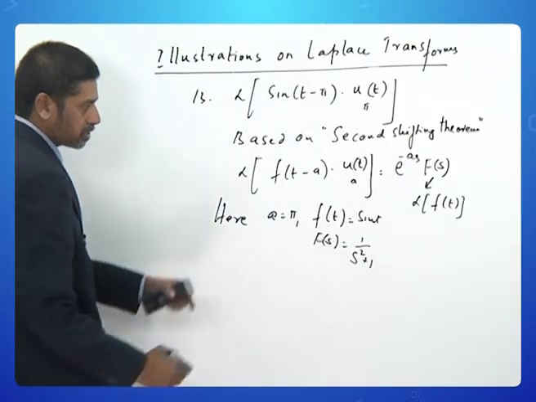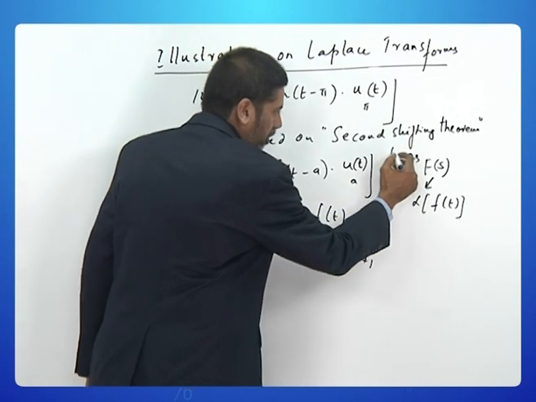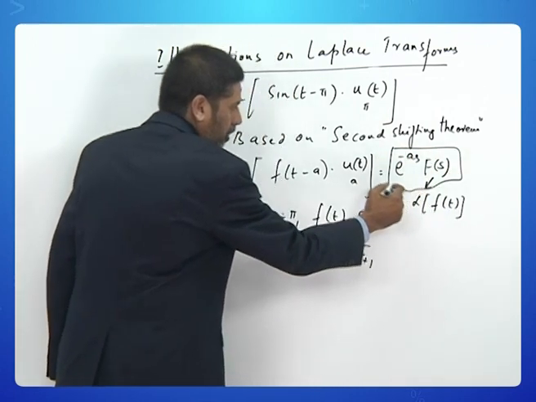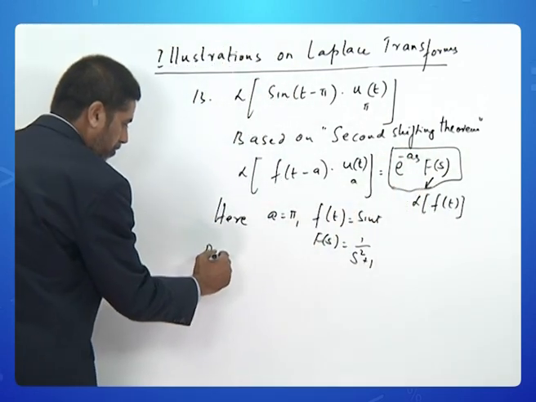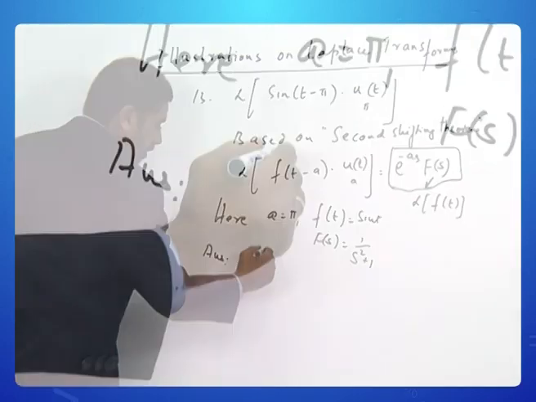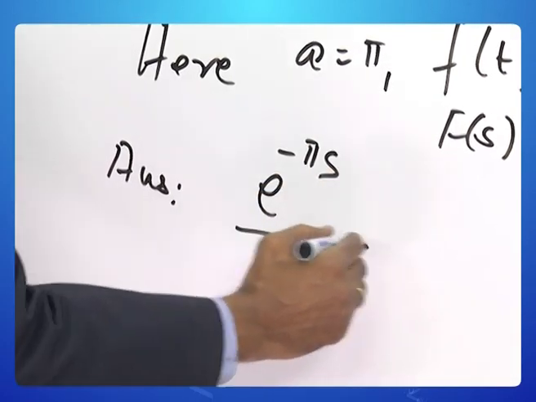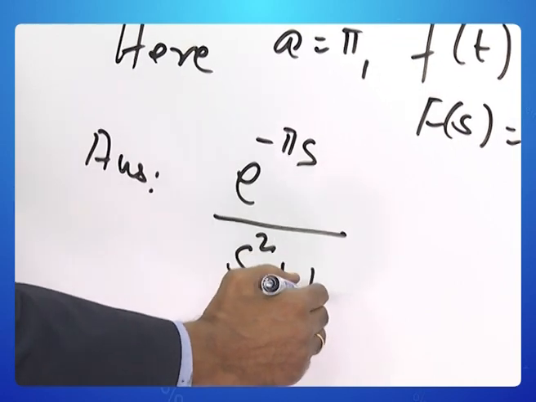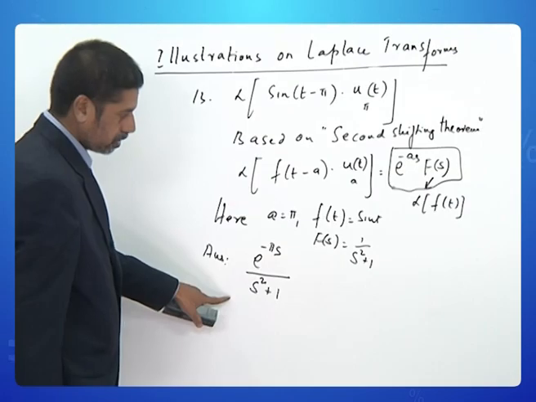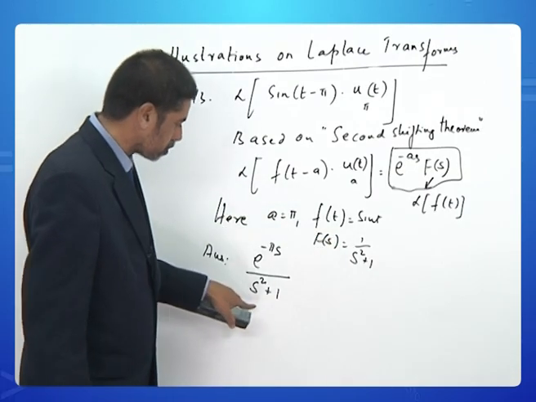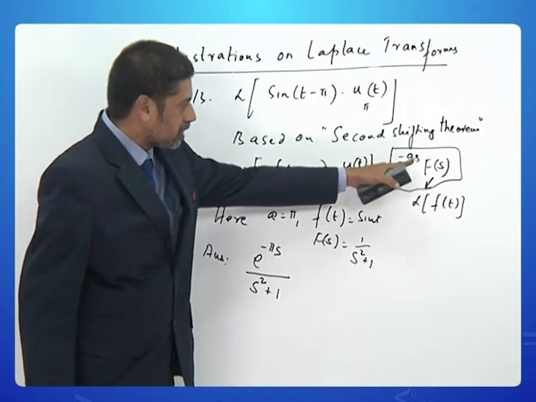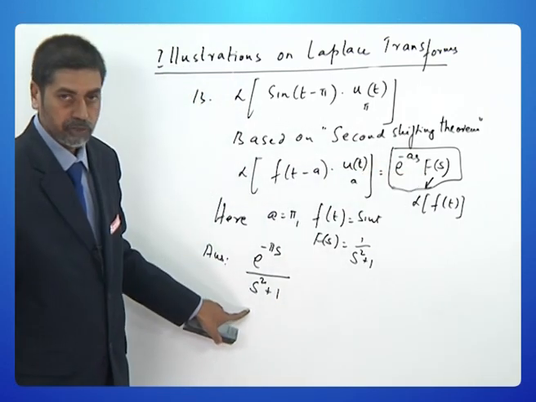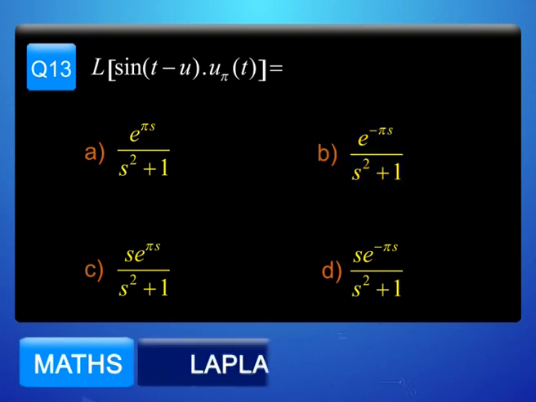And what is the answer? The answer is obtained from here. So the answer will be e power minus pi s by s squared plus 1. Right? F of s is 1 by s squared plus 1 and e power minus as F of s will give us this particular result. The correct option is B.